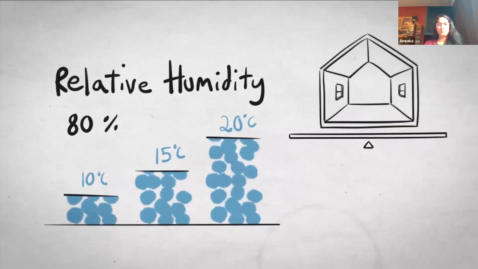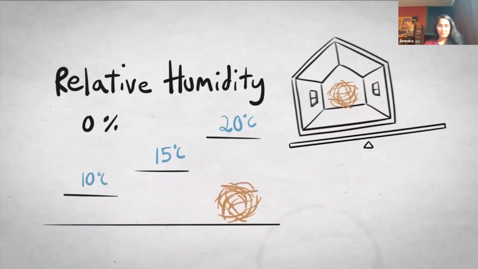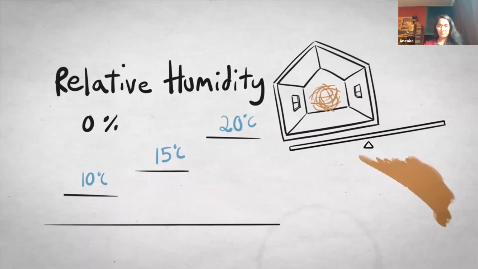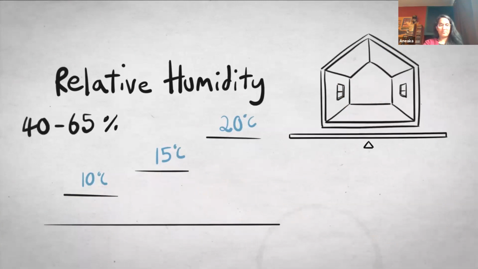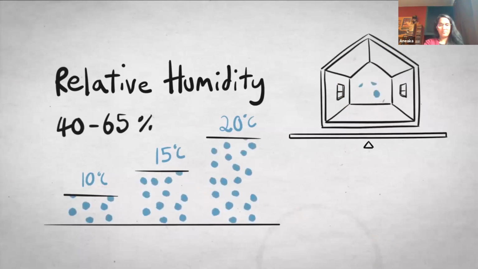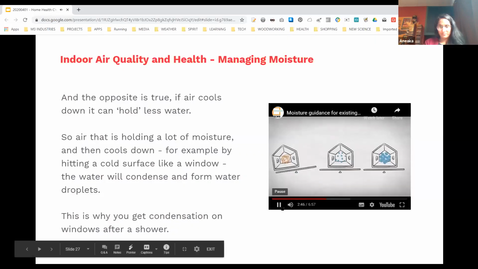At the other end of the scale, air with 0% relative humidity is excessively, and in fact, impossibly dry and uninhabitable. We need a relative humidity of somewhere between 40% and 65% for most of the time for the building atmosphere to be pleasant and healthy. So we come back to balance. Not too dry, not too moist.